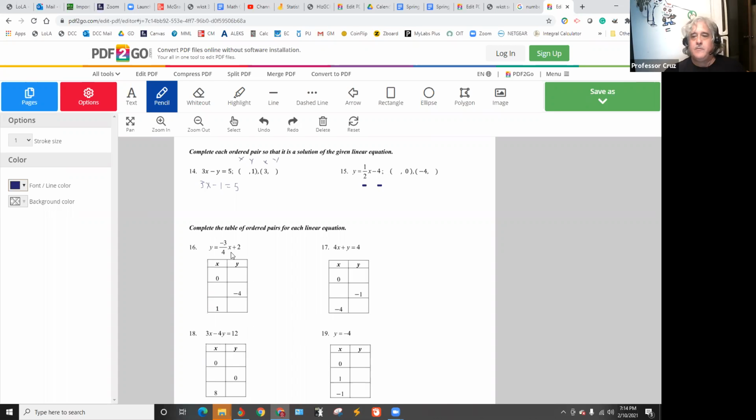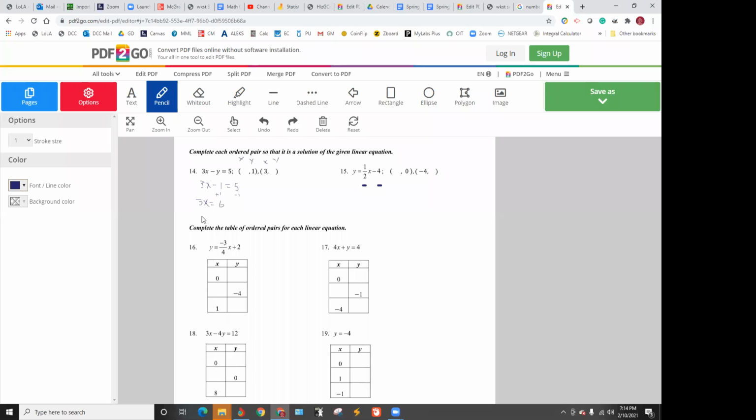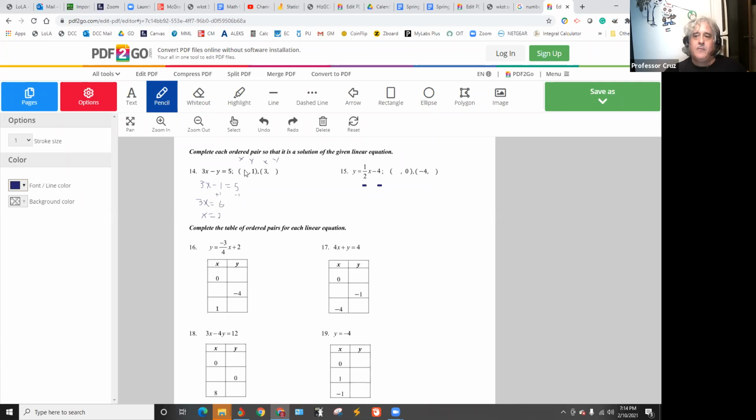I think it's going to be 2, but y'all check for me. Yes, 2. So the other coordinate goes right there, 2. Now you do it for this one.